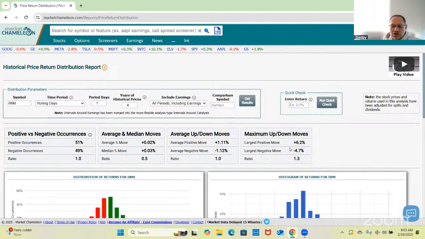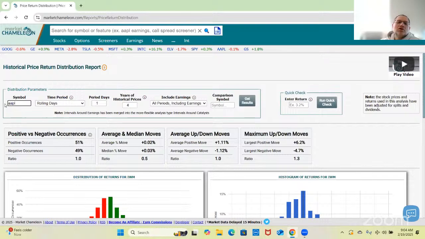Let's change some of these parameters around, rerun it to go over once again some of these stats, and then we'll do some different examples. So over here, you could put in the symbol that you're running it for. It's defaulted to IWM, but we could just go to, let's say, Apple.